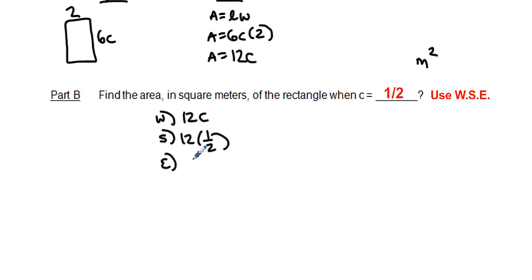And for my evaluation work, I can cross reduce here. 2 goes into both, 2 goes into itself once, 2 goes into 12 6. 6 times 1 is 6, 1 times 1 is 1, gives me an answer of 6 meters squared. And up here, don't forget to tack that on, I just noticed that. There we go. 12c meters squared and 6 meters squared. Wonderful.